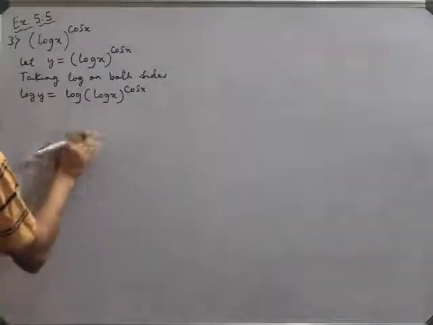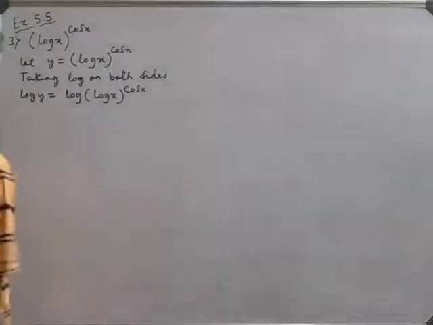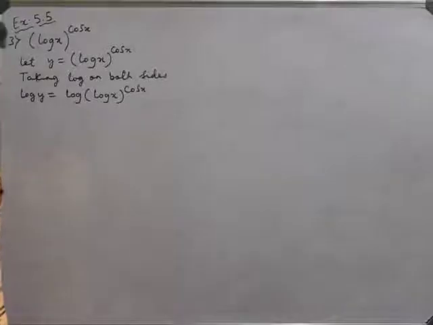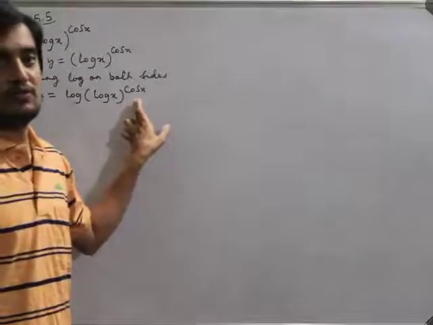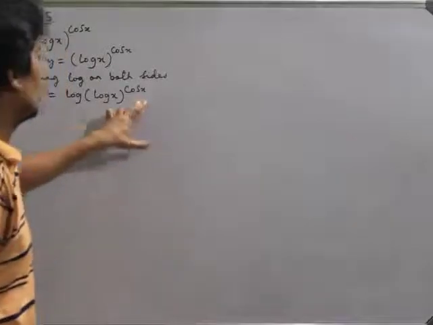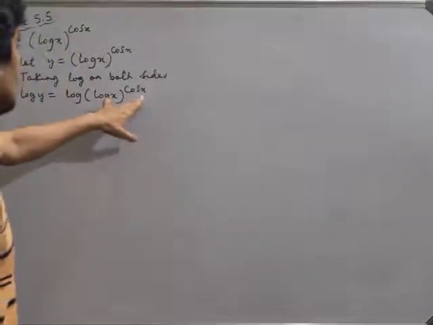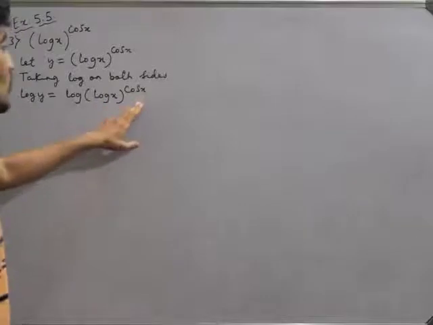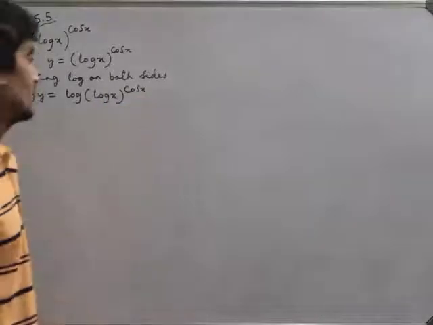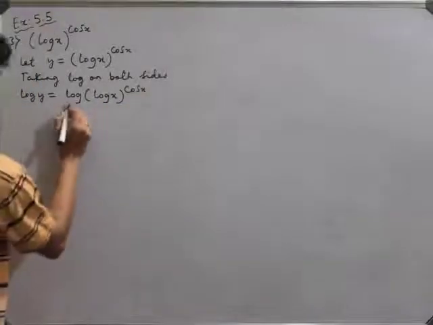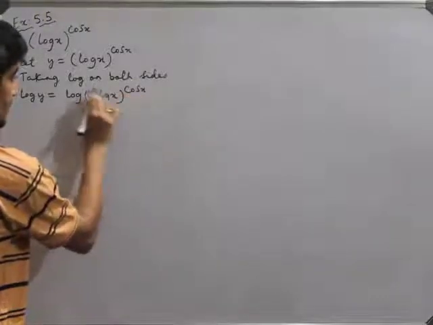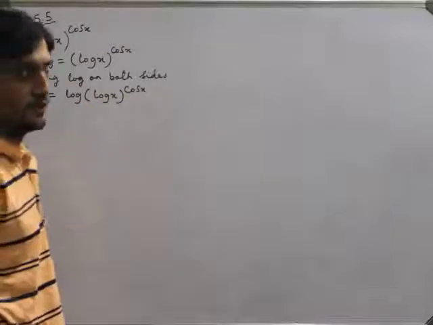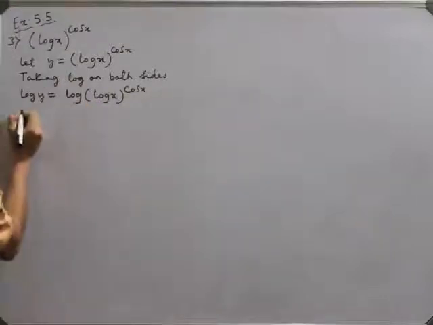Still we cannot differentiate this because here we have log of log x to the power of cos x. In this case, what you have to do? Use the logarithmic law, that is log of a raised to m is equal to m log a. Now it is of the form log of a to the power of m, we can write it as m log a. So let us write it.